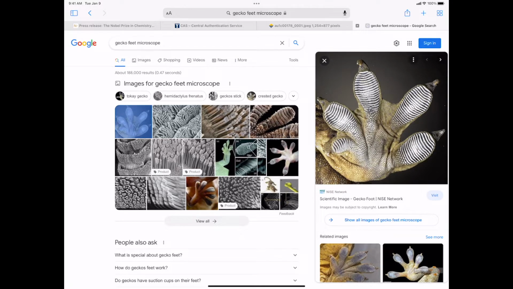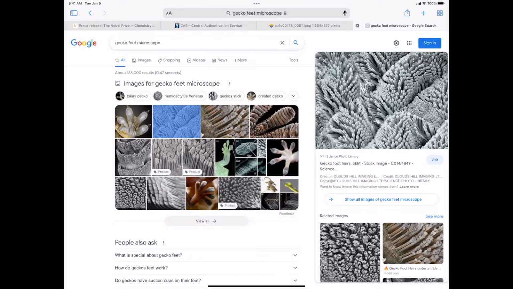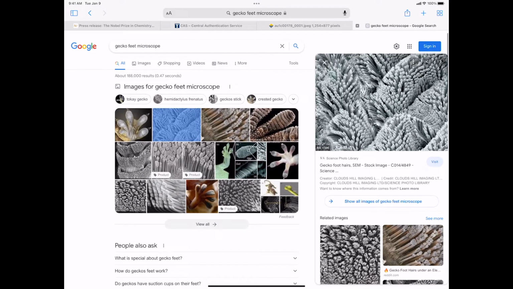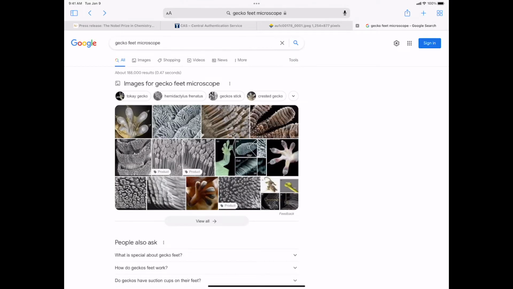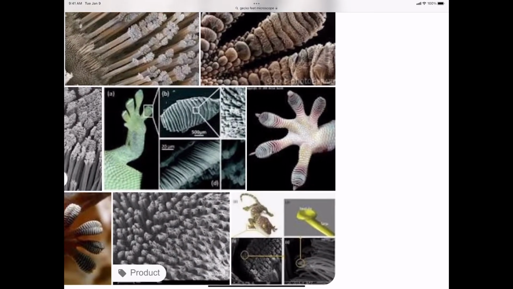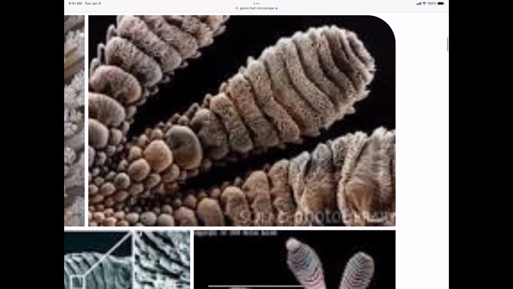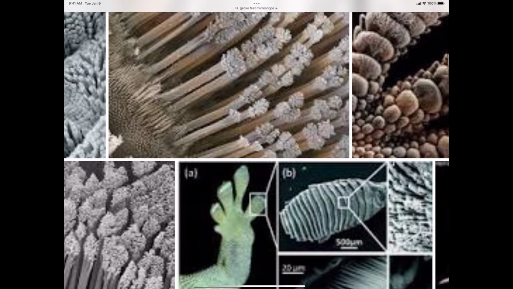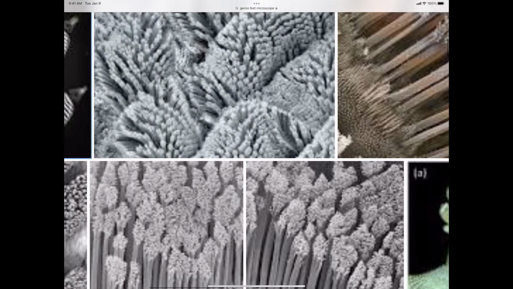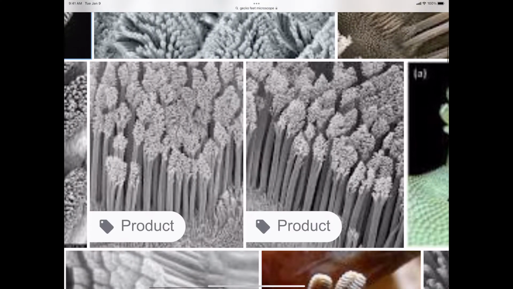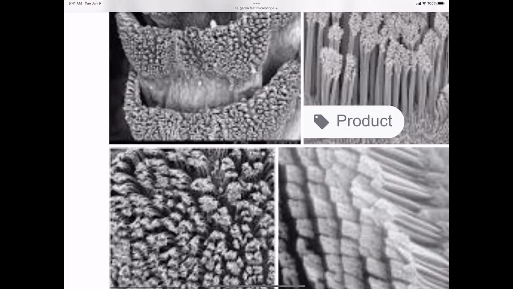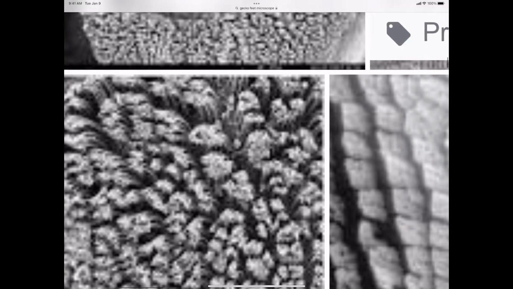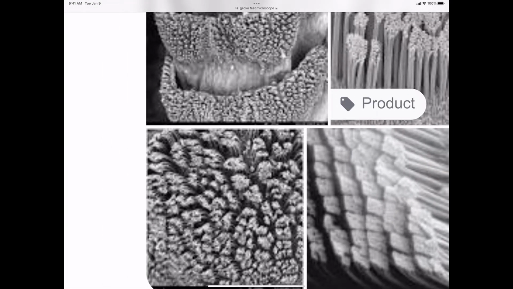That's what it looks like to the eye. You can zoom in, and you've got lots of these. You can zoom in further, and each toe is covered with this weird feathery structure, which itself has a lot of large surface area to it.